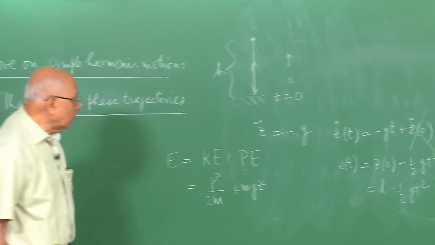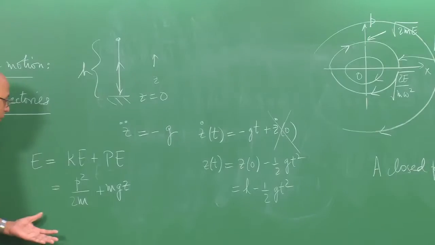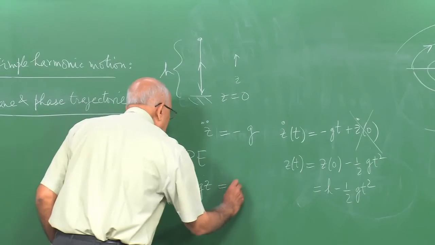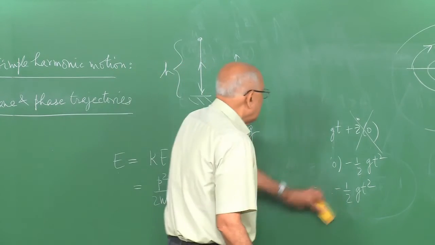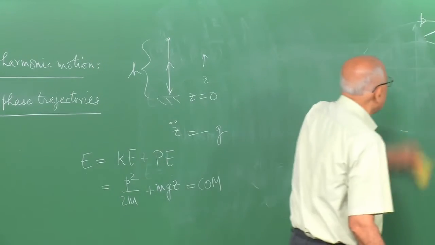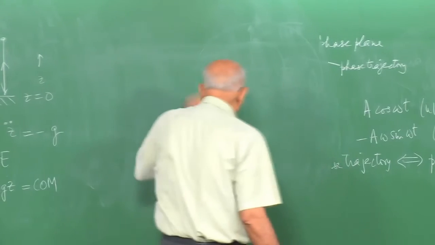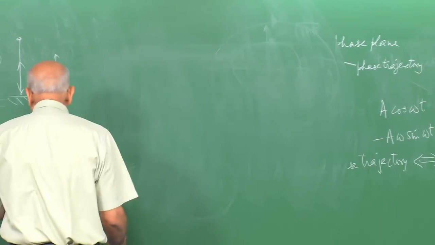Now all I need to know is the fact that there is no loss of energy, and therefore this is equal to a constant of the motion, and we are all set to write the phase trajectory down for any specified initial condition.